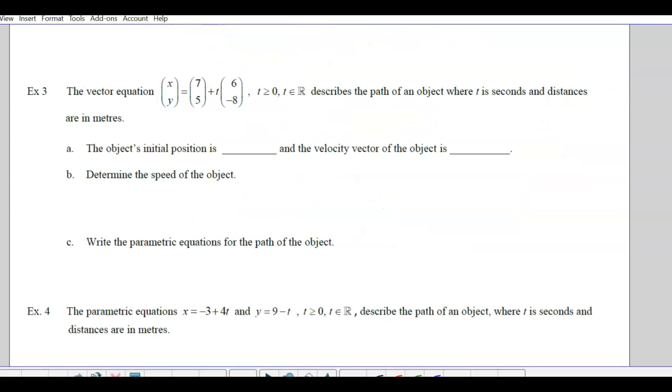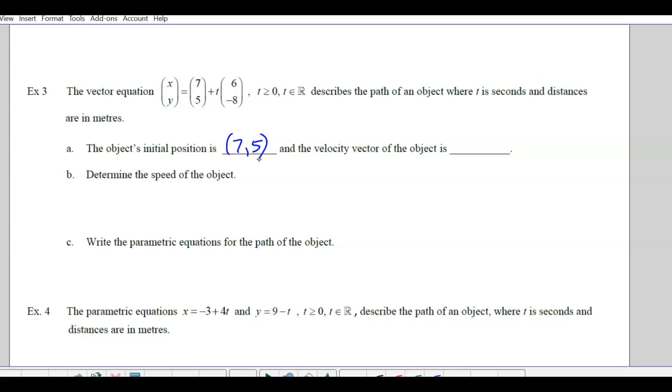So next one, the vector equation, t greater than or equal to 0, describes the path where t is in seconds and distances are in meters. Initial position then. So if t is greater than or equal to 0, initial position is when t is 0, which means that term goes away, and the initial position is (7, 5).